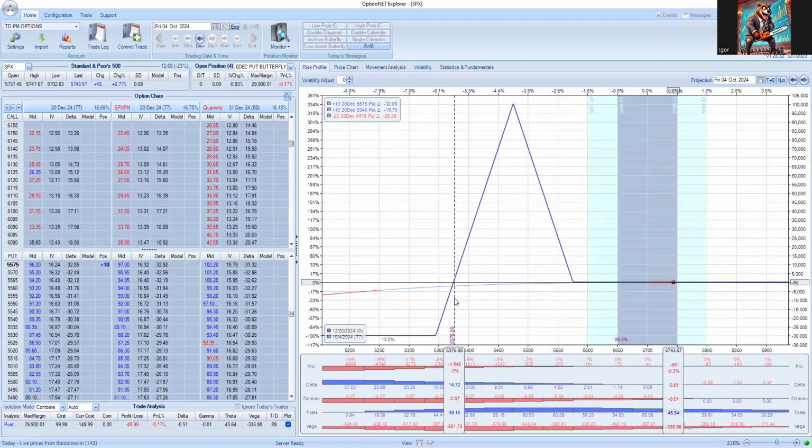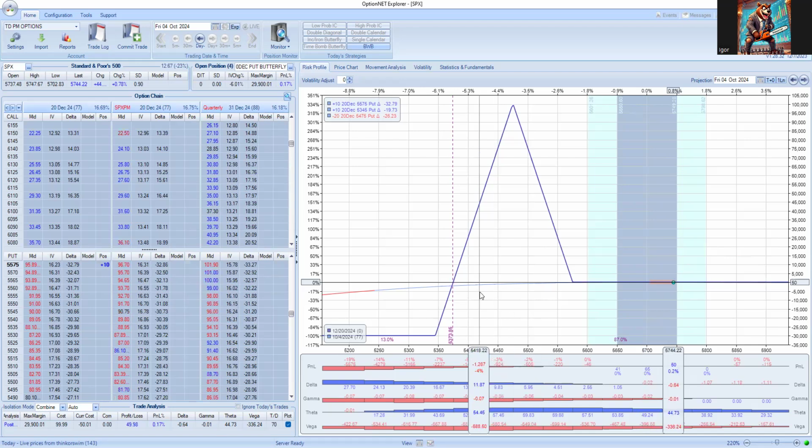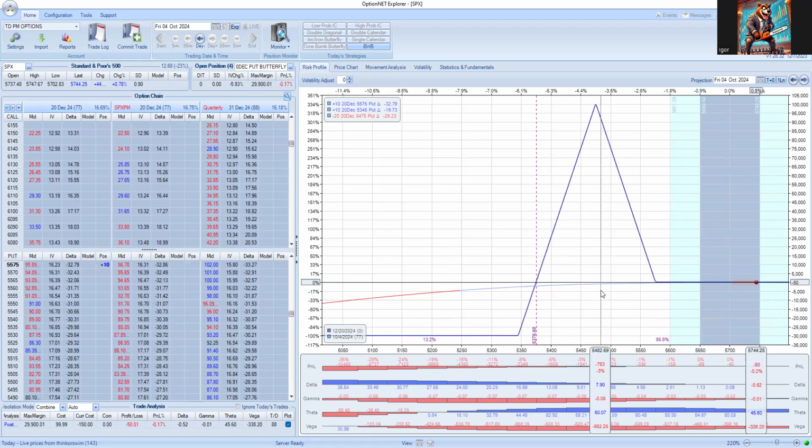So I don't want to move my structure too close to at the money, because as I move the structure closer to at the money, I will also move my downside break even closer. I don't want to move my structure too far out of the money either, which would give me a lot more safety.